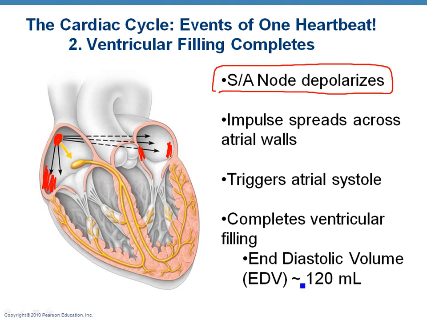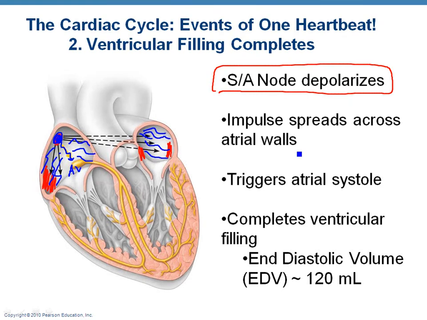I'm going to change over to a blue here. SA node depolarizes. That depolarization wave or that impulse spreads from there towards your AV node, and then it's also going to spread across the walls of the atria, as you've learned about already. So this is the electrical activity.